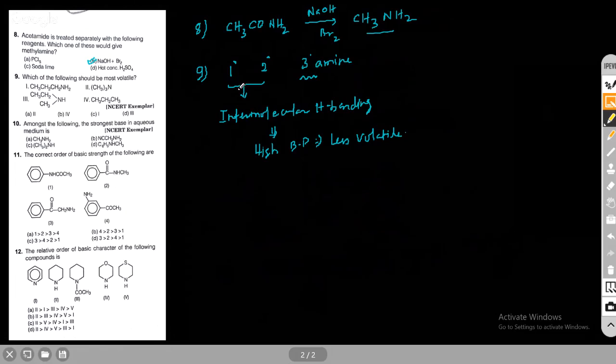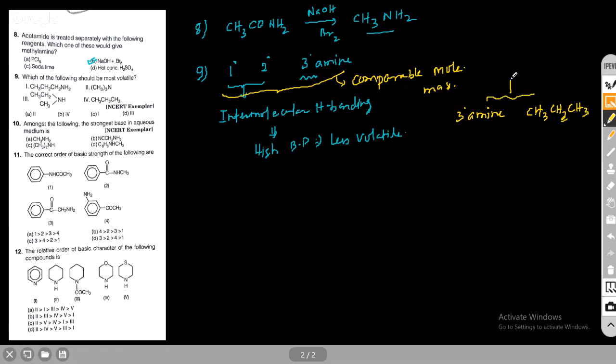All these three compounds must have comparable molecular mass. But in 3 degree amine there is no hydrogen bonding. 3 degree amine and hydrocarbon, which is here CH3CH2CH3: in these two there is no hydrogen bonding.